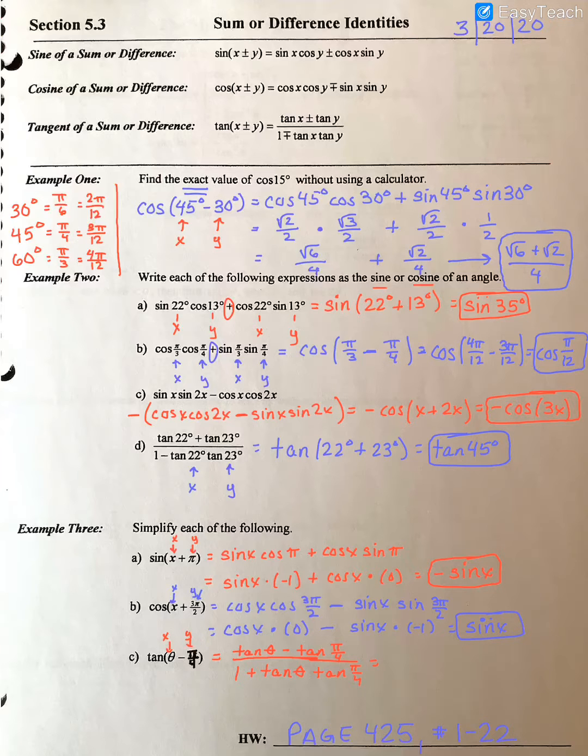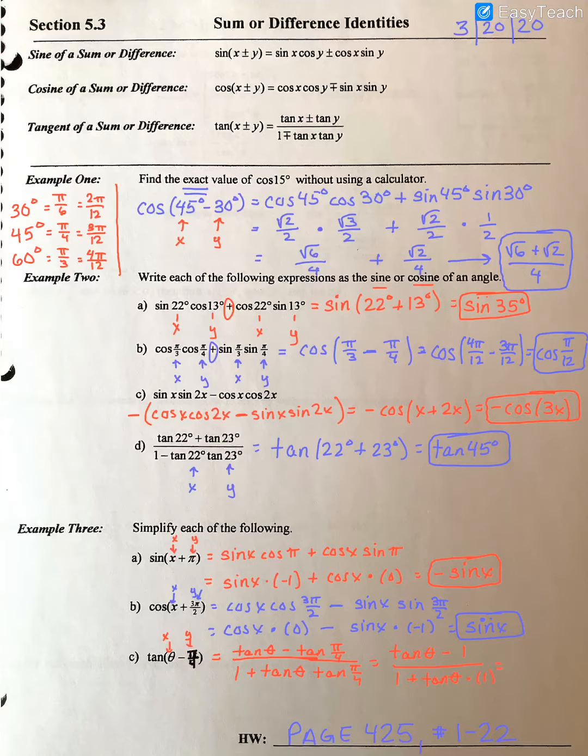Okay, pieces with variables stay variables. Anything that has angles, you simplify. So tangent of theta stays tangent of theta. Minus, okay, check those charts out. What is the tangent of pi over 4? Tangent of pi over 4 is 1. Over my denominator, 1 is 1, plus tangent of theta stays tangent of theta, times tangent of pi over 4 again is 1.